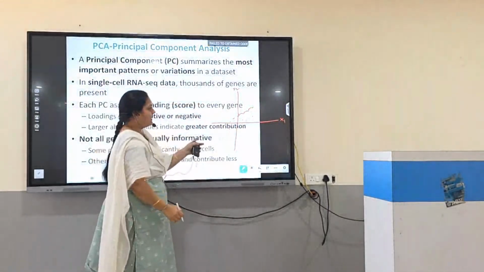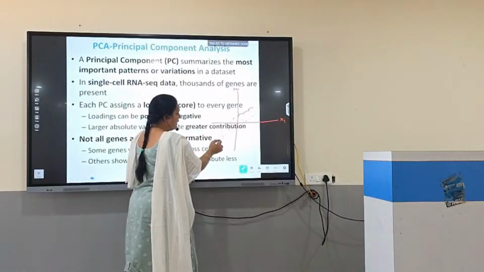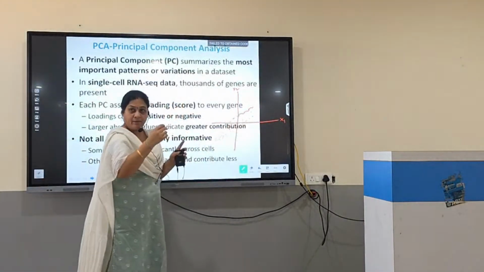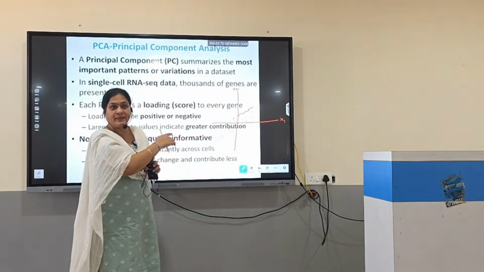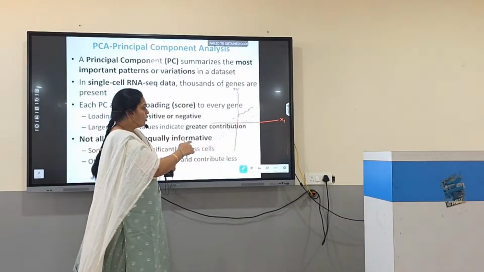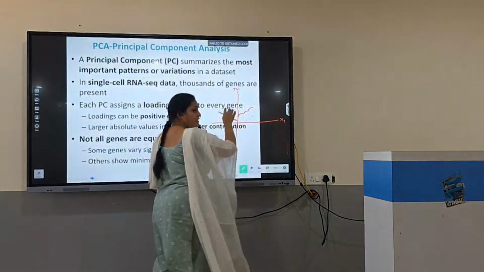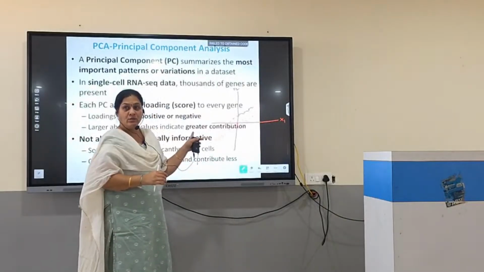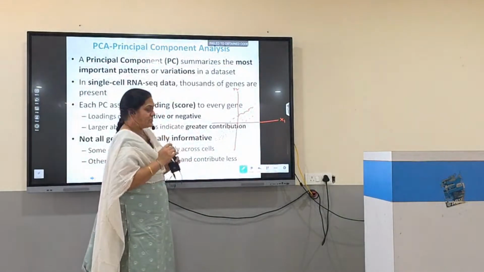One data point is here, one data point is here, one data point here, like this. When I have two features, I can draw it like this in two-dimensional space. Yes or no? I have only two features, x1 and x2, and how they are related, I can draw in this way. So this is representing my data in two-dimensional space.